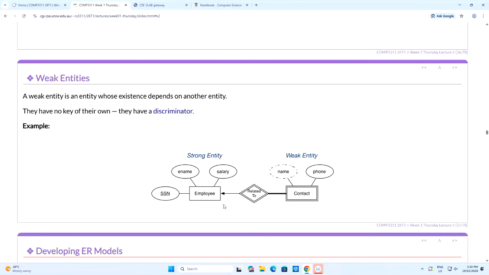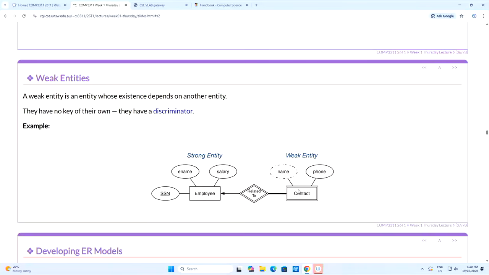But if your wife and kids are also stored in the company database, they're not as important as you, but we still want to record them. So they have their own partial key, and they depend on you to exist in the database. For a weak entity, its primary key is the combination of the primary key of the strong entity that it associates to, as well as its own discriminator.